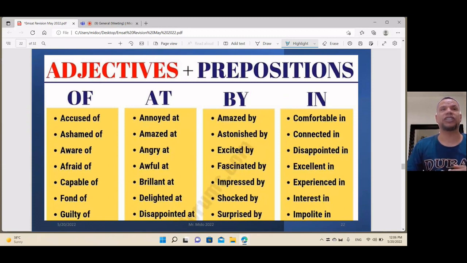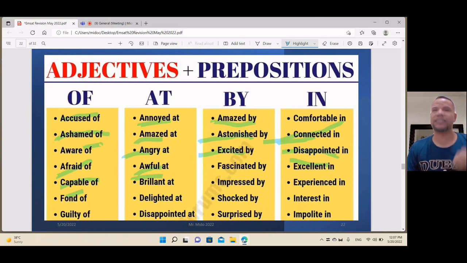Accused of, ashamed of, aware of, afraid of, capable of, fond of, annoyed at, good at, angry at, amazed at, awful at, bad at, and so on, brilliant at, amazed by, astonished by, excited by, and so on, comfortable in, connected in, disappointed in, excellent in.